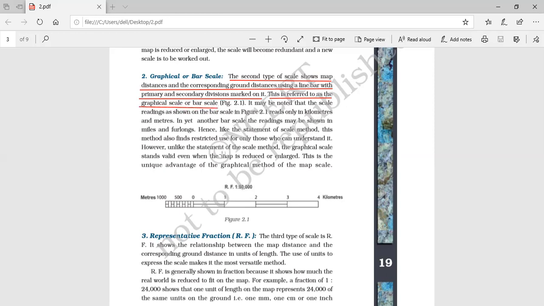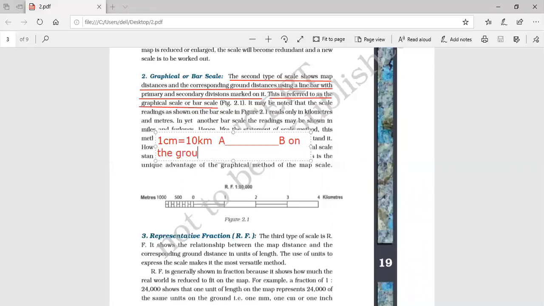Now, if we are dealing with statement scale, for example, if our scale is 1 centimeter is equal to 10 kilometer. It means if there are two places, point A and point B, it shows the distance between these 2 points on the ground.